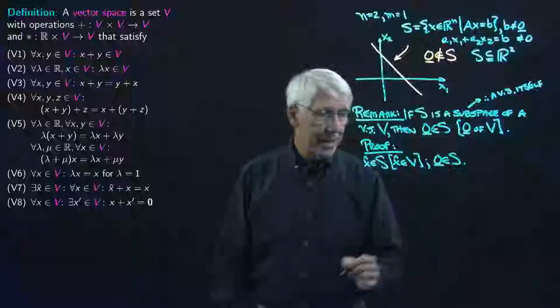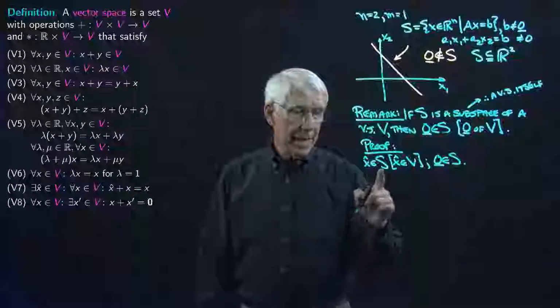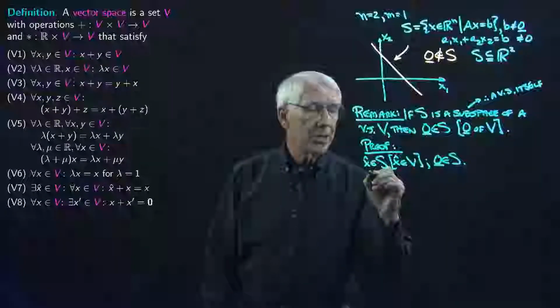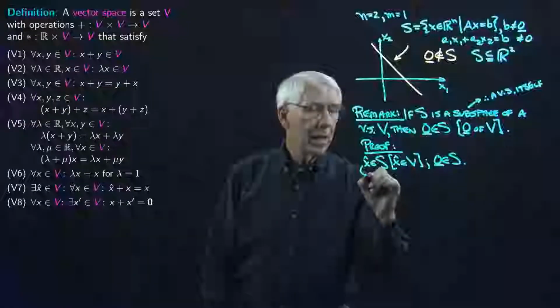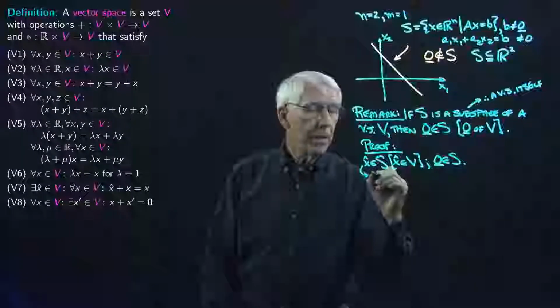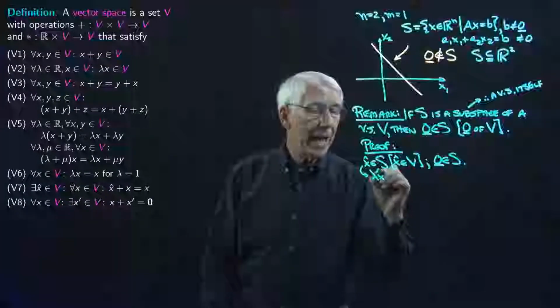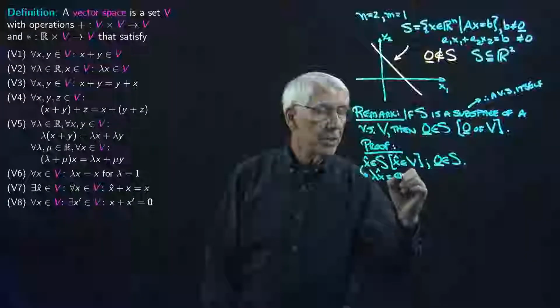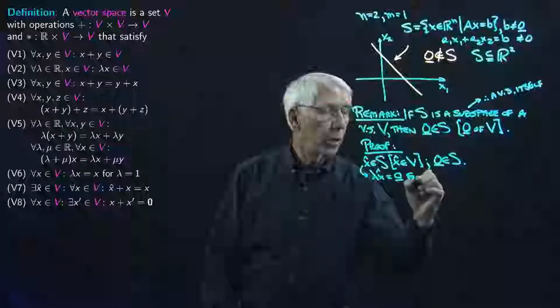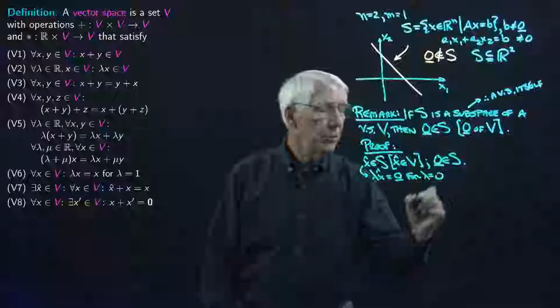Another way I can see that is to say this tells me that S is non-empty, and so from that I have that lambda x hat has to be the 0 vector for lambda equals 0.